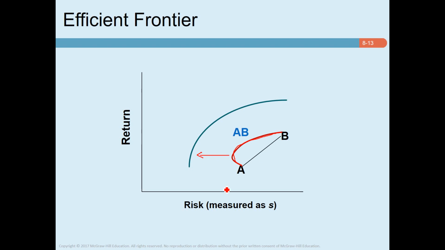Now, what's the implication that the efficient frontier moves leftward? You can see that at this level of risk, where previously you could earn a return of here, now for the same level of risk, you can earn a return of here. Am I right? So for the same level of risk, you can earn higher return. On the other hand, if you take the same level of return, for example here, previously you could earn this level of return for this level of risk.